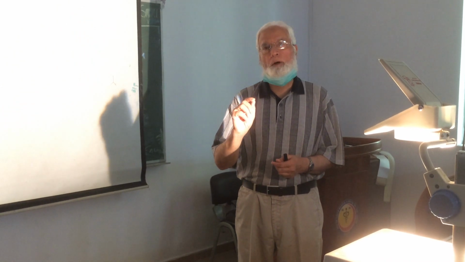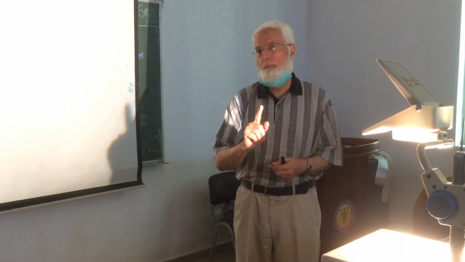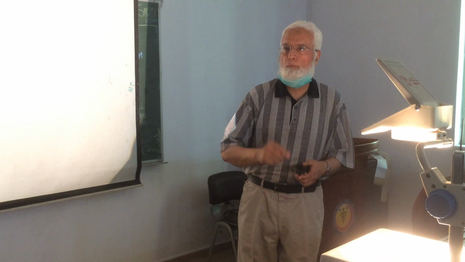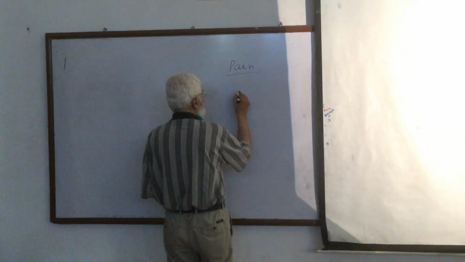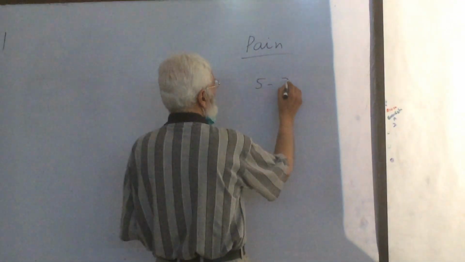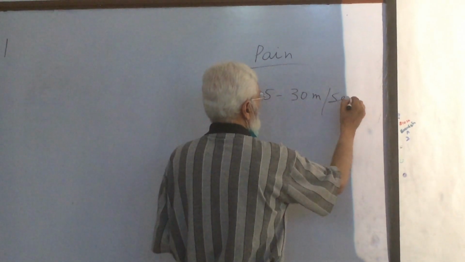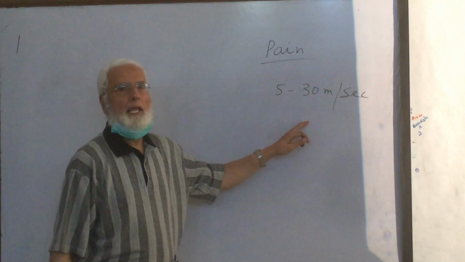Fast pain impulses are carried by A delta fibers, and A delta fibers have a velocity of conduction of 5 to 30 meters per second. This is the velocity of conduction along the A delta fibers.